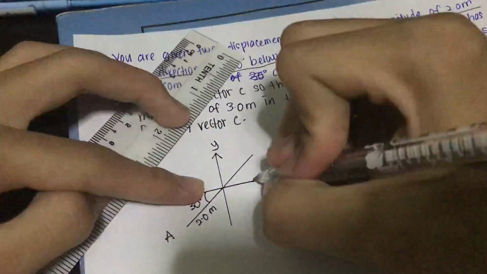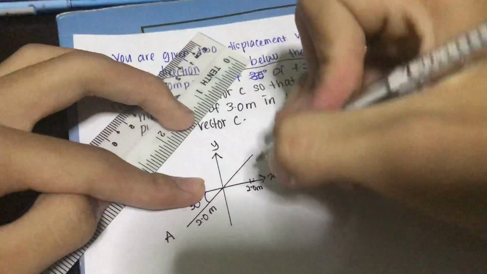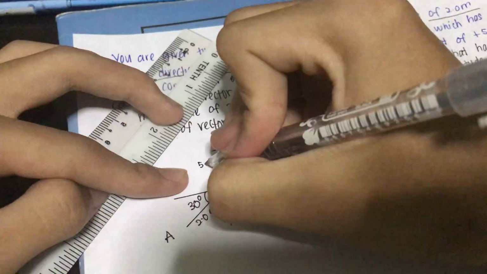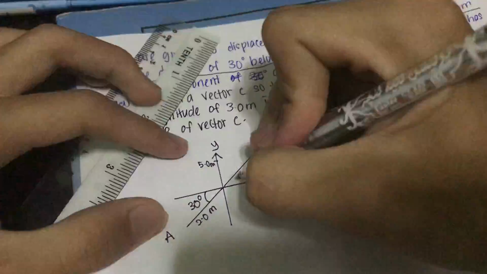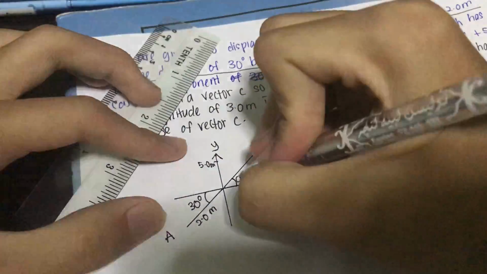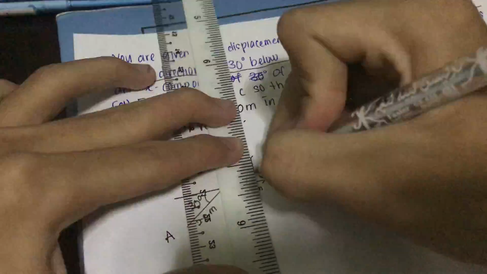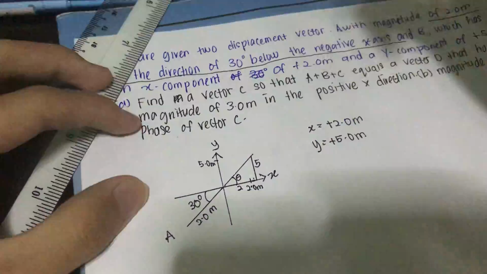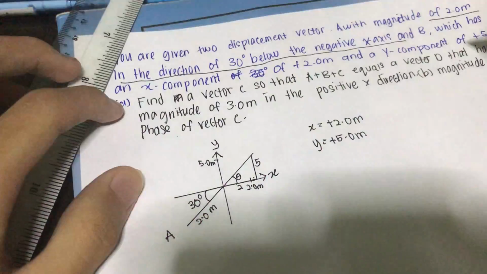This is 2.0 meters and this is 5.0 meters. The direction we don't know yet, so we sketch it: this is 5 and this is 2.